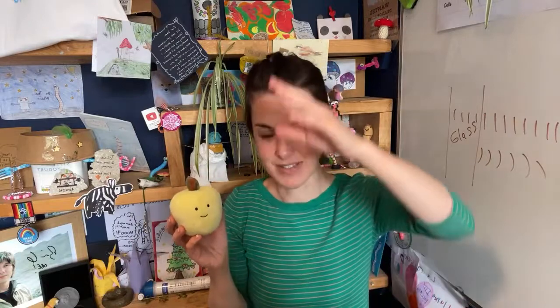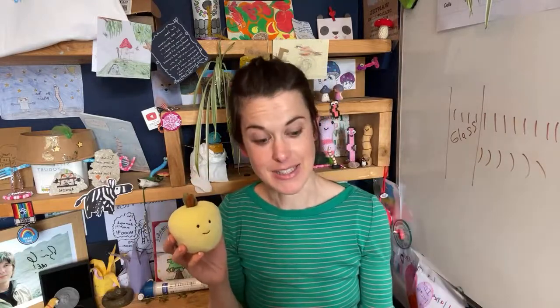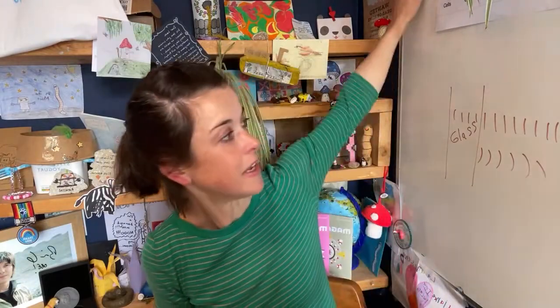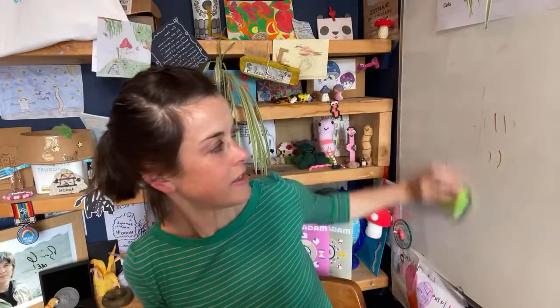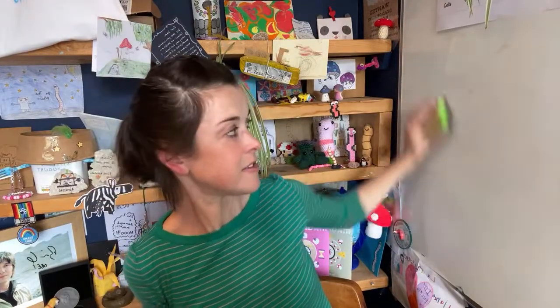If this apple is travelling, oh, it's so cute, at 1 metre per second, 1 metre every second, how high is my ceiling? So some of you will be shouting, okay, it took 8 seconds, so my ceiling is 8 metres high.